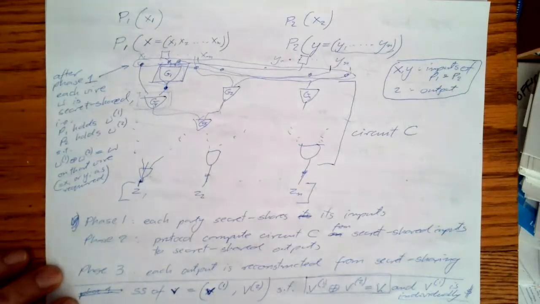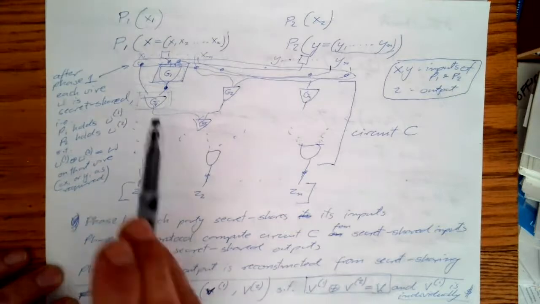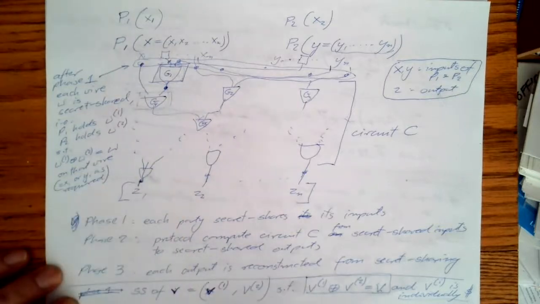Okay, and it's not hard to generalize this sharing to the n-party case, right? If P1 wants to share his input among n parties, he can compute n such shares, n minus one of them completely random, the nth one the XOR of the n minus one shares and the value.